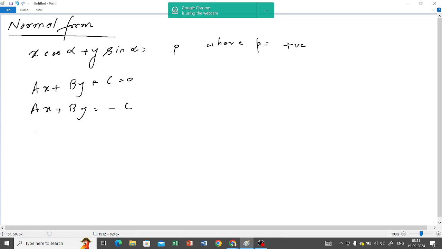Now let us multiply a constant k on both the sides.